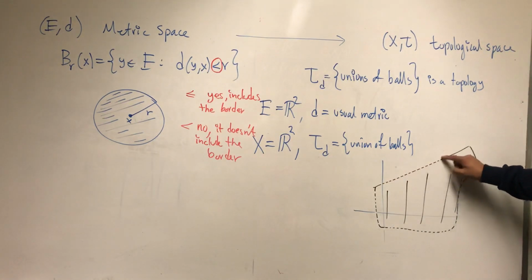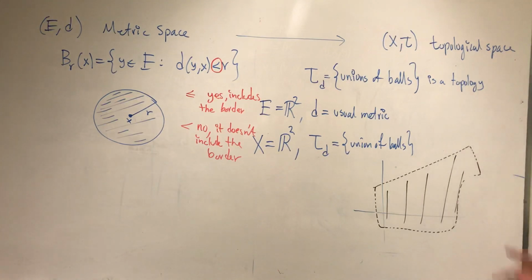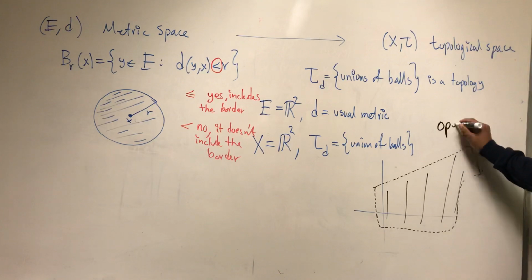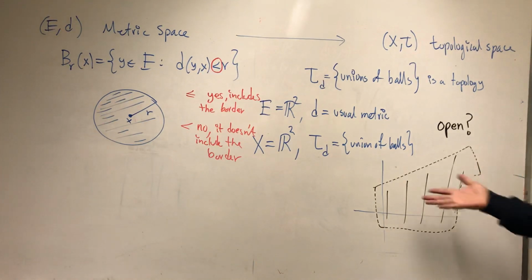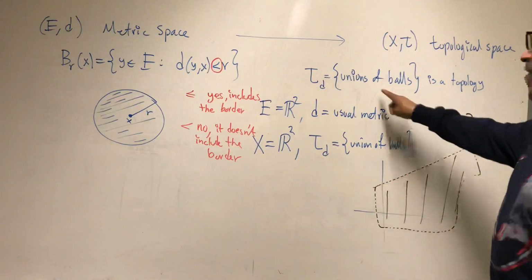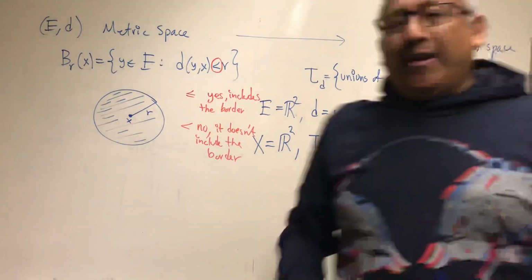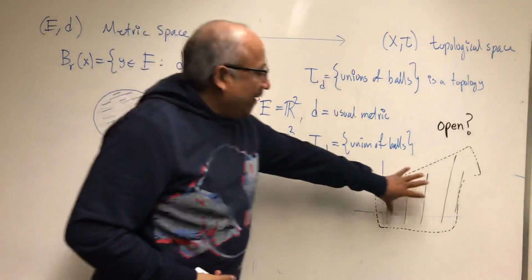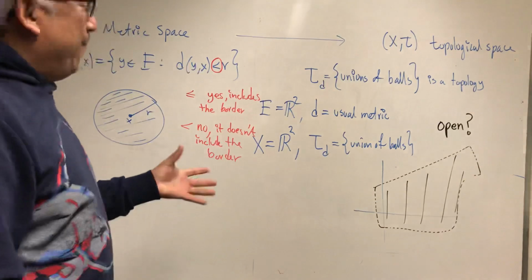Is this open? Yes or no? You say, well, I don't know, Professor. But I'm telling you, the open sets are unions of balls. In other words, is this a union of balls? You would say, I don't see any ball, Professor.